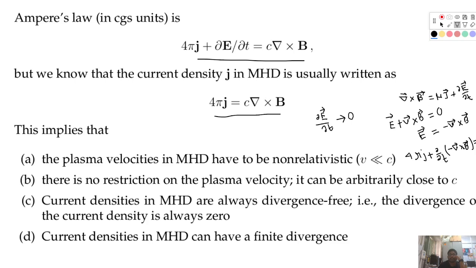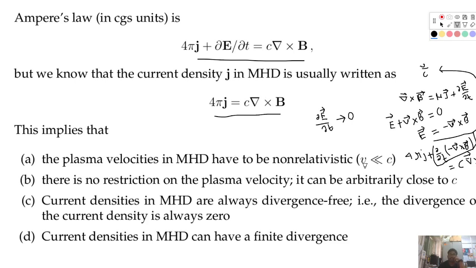So you have c curl of B. Now if we look at this, you will find that this term has a v by c factor. Looking at the first option, the plasma velocity in MHD has to be non-relativistic.